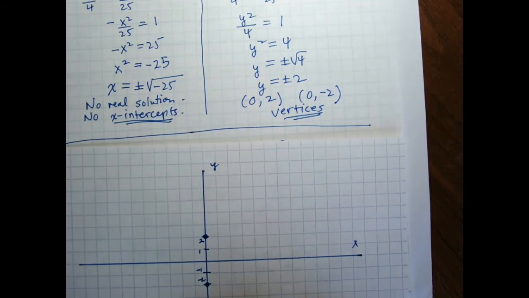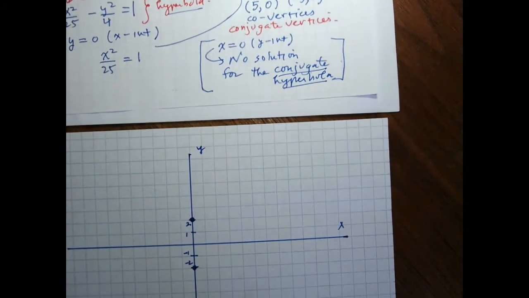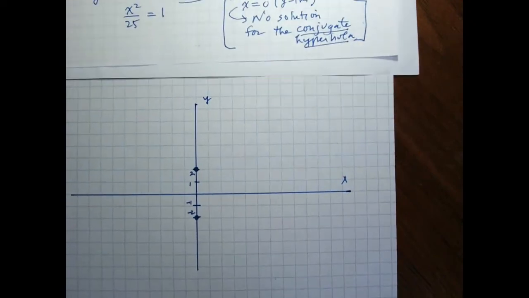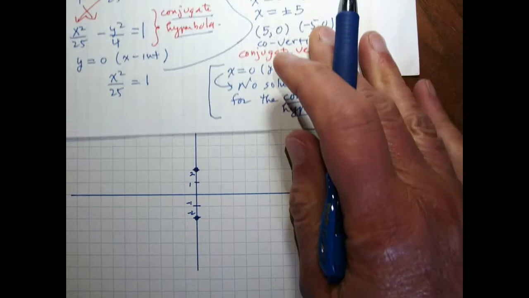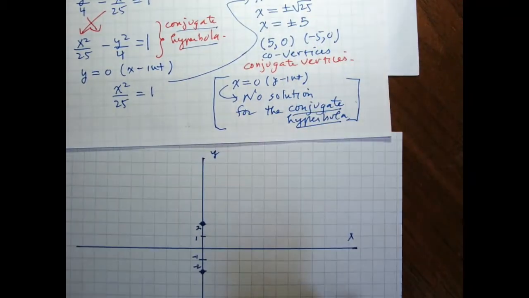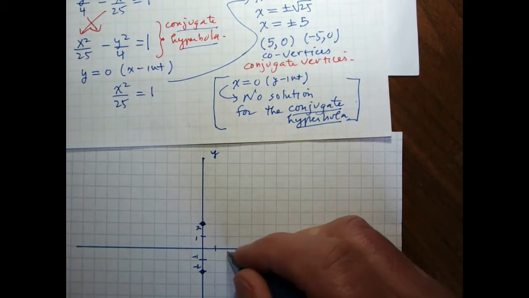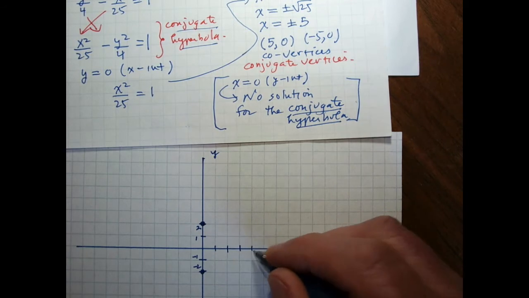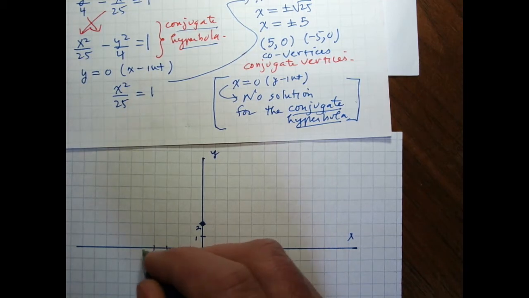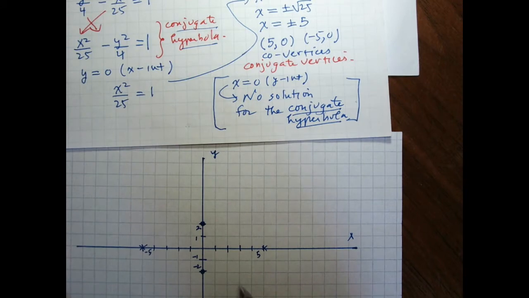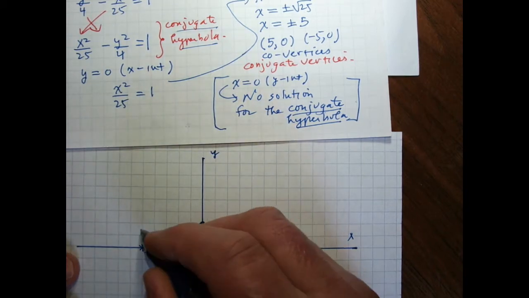And my conjugate vertices, which are not actually points on the hyperbola, are going to be at (5, 0). Sorry, I pushed that up too far. And (negative 5, 0). Put a little mark there. A little mark there. And the point of having these conjugate vertices.